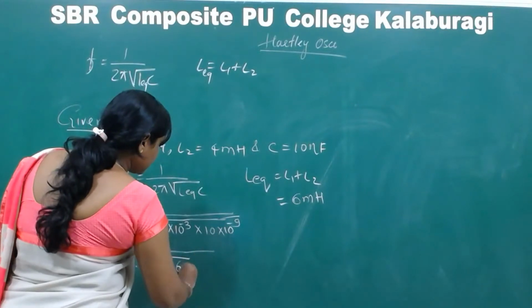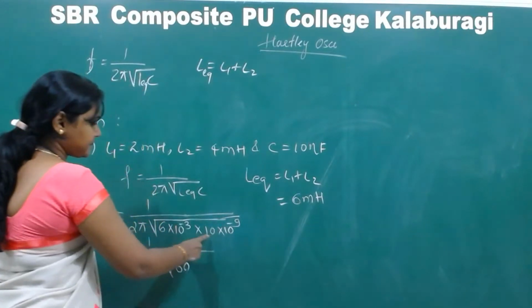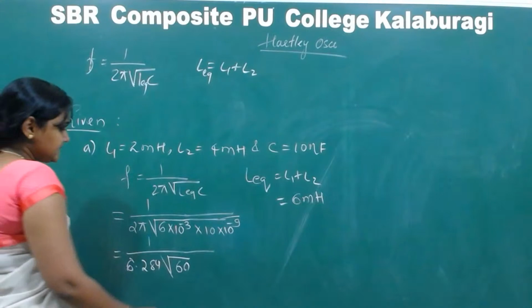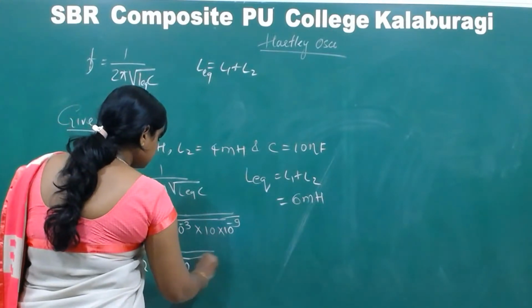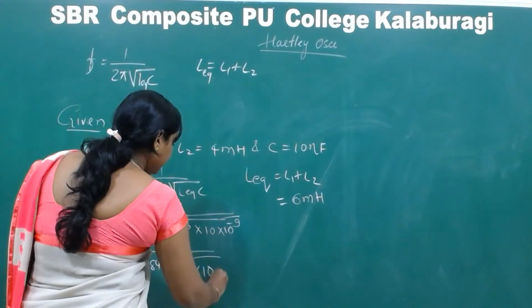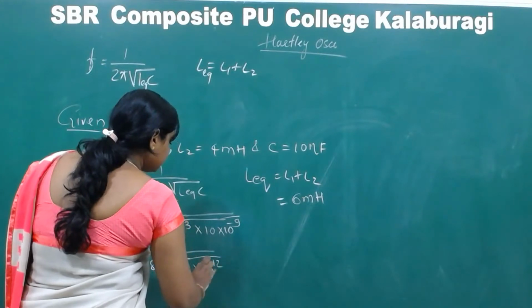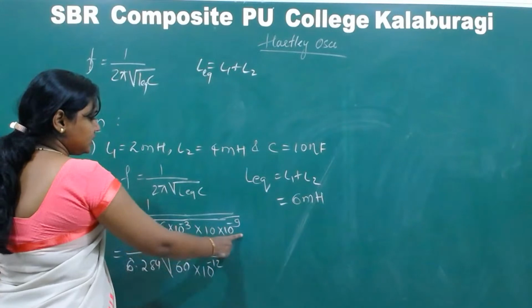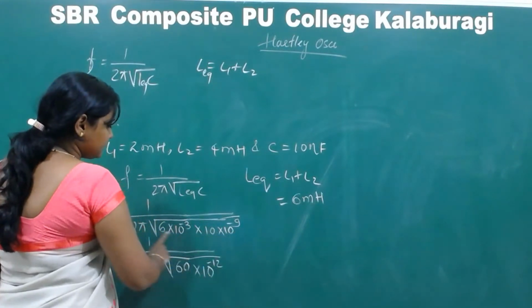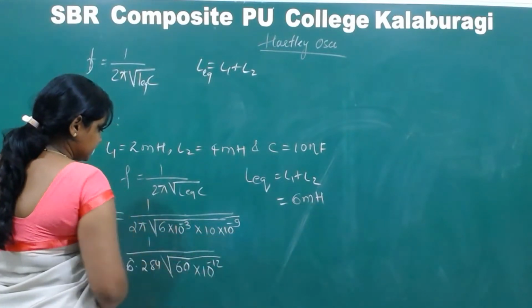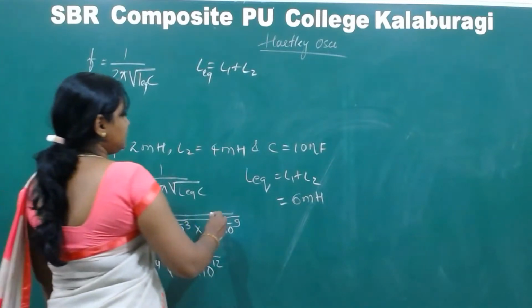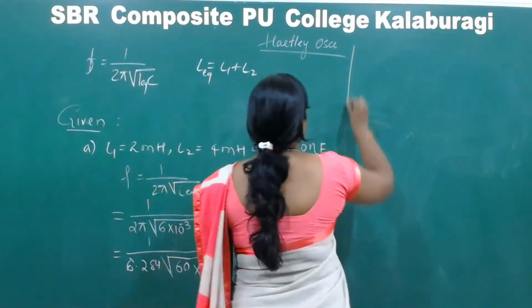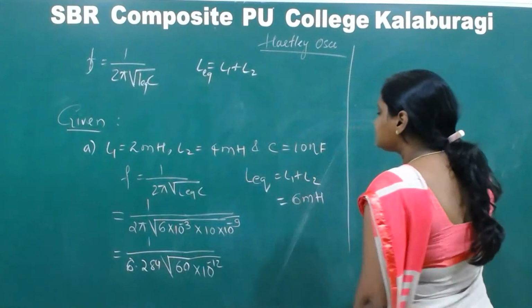So we will make it root of 60 into 10 to the power of minus 12. 9 plus 3 is 12, and 6 into 10 is 60. So we will do the further calculations now.